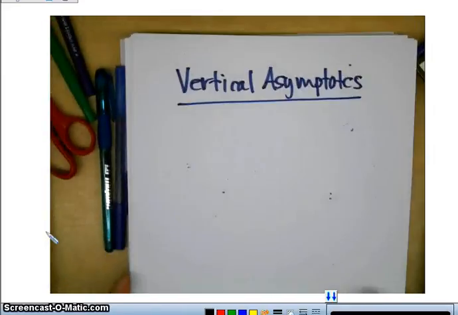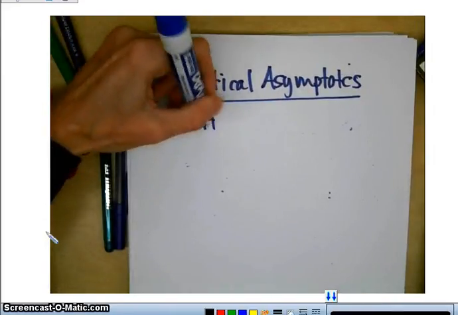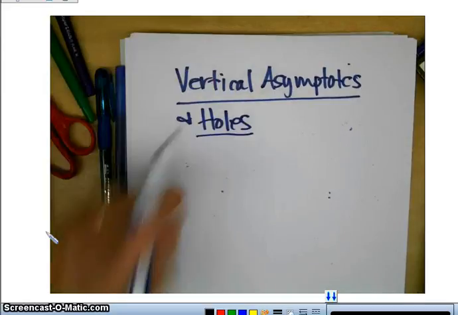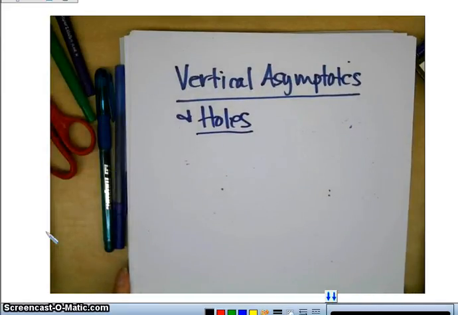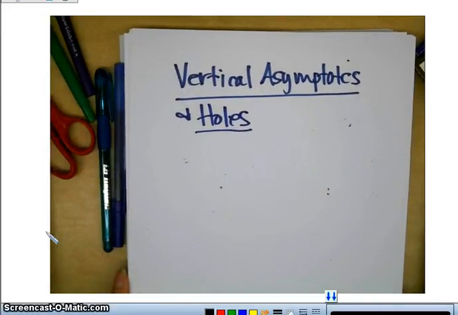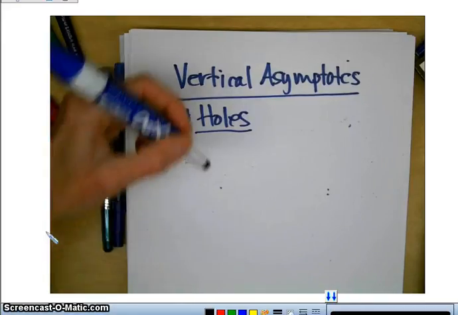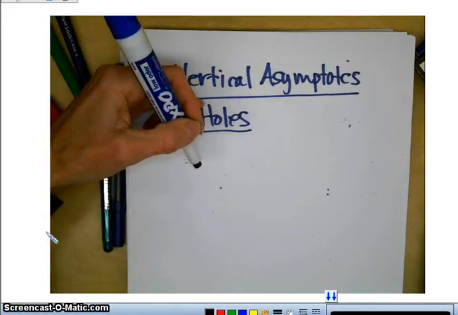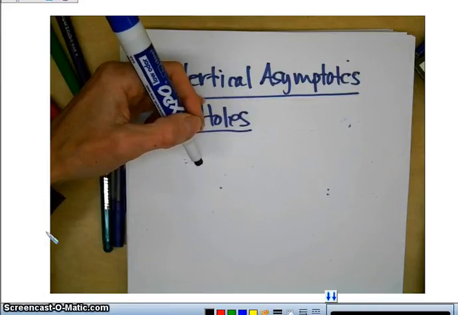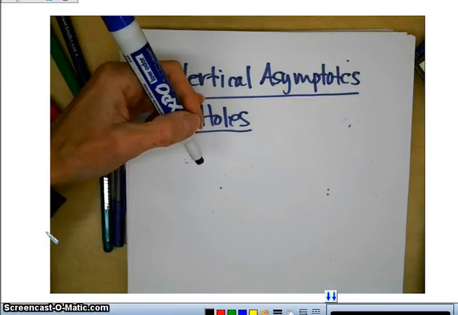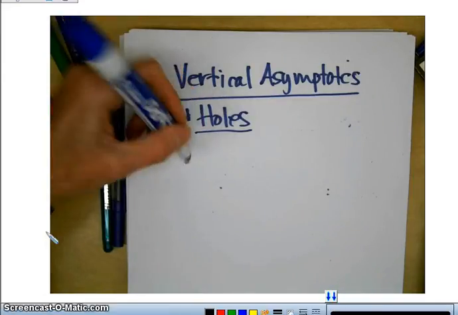Okay, vertical asymptotes and holes. And we've actually already done a little bit on this, but you're going to be given a problem like, find the vertical asymptotes.